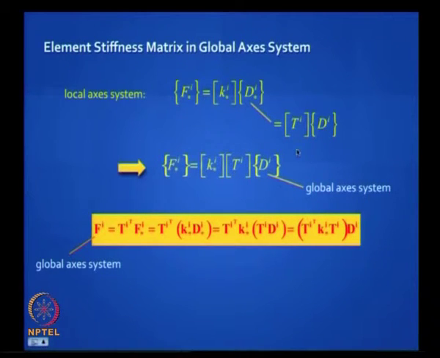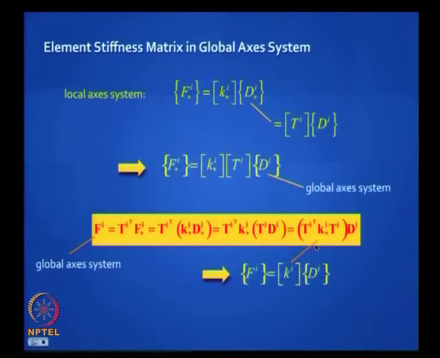And now if I do that I am able to get into the global axis system, and Fi is also Ti transpose F star i. Remember, you plug this in there, you get F star i is K star di star from first principles, and when you substitute here finally you will get it in this form. This is a standard form, this is a standard transformation we do.